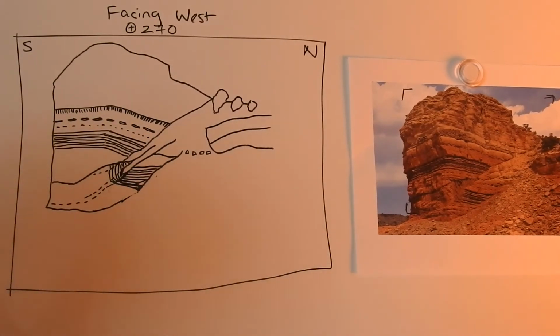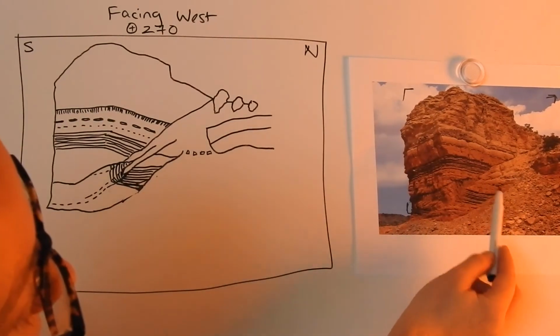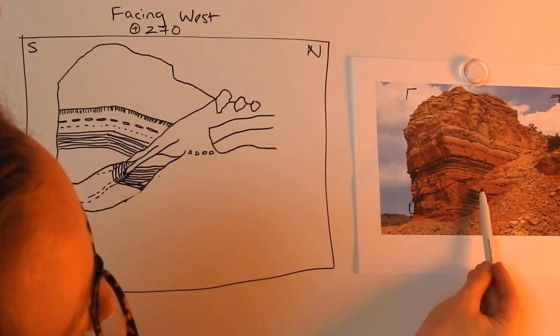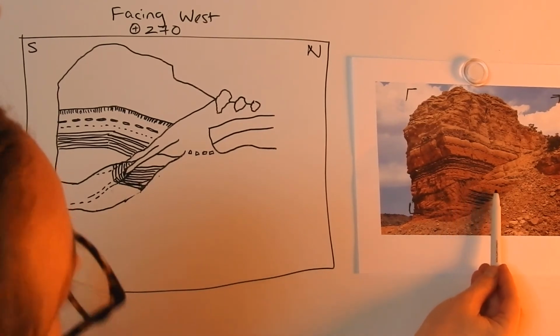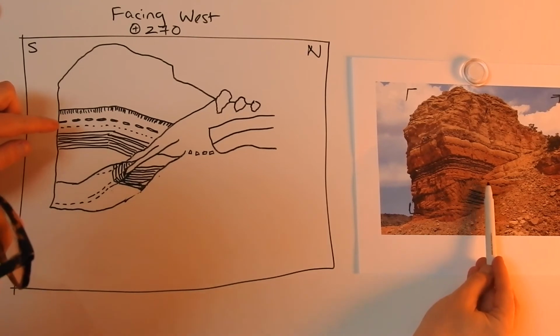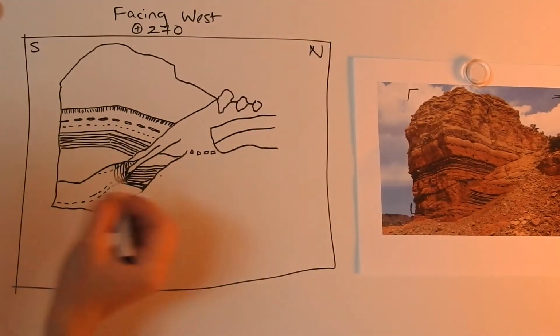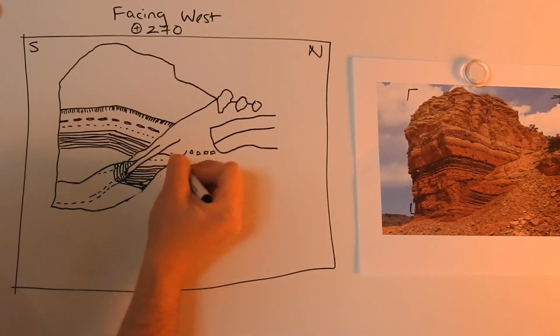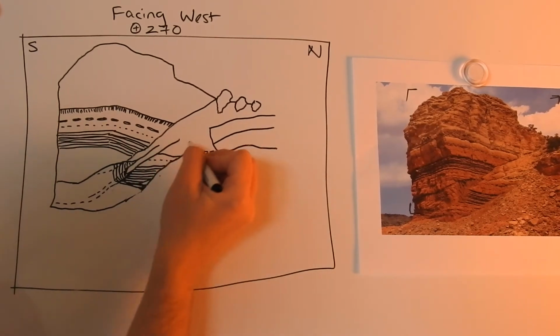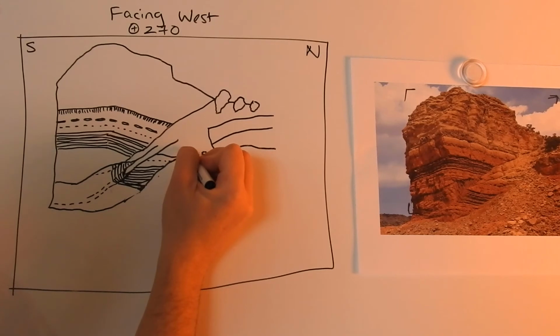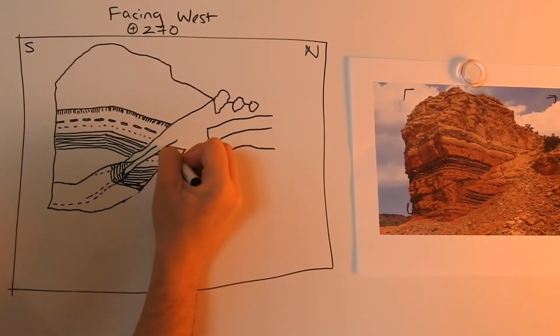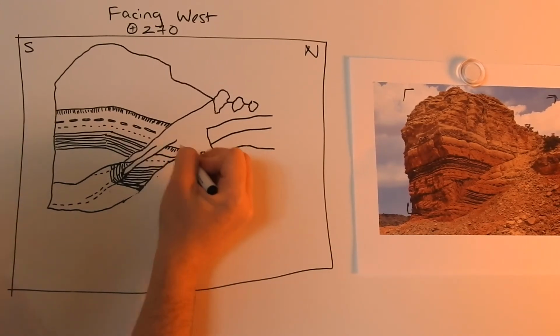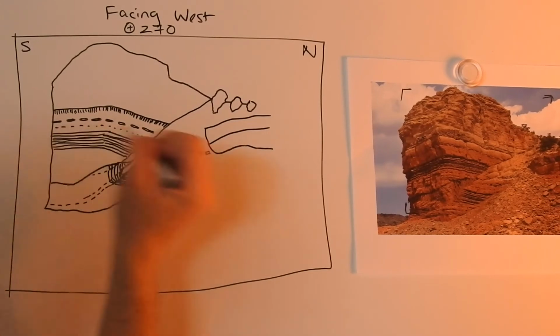All right. Now, over here, we have that semi-erosive middle layer that we had here, and we have our nice eroded middle layer. So I'm going to draw that in on this unit. Tilts it up. And then we've got that tan top unit right there.